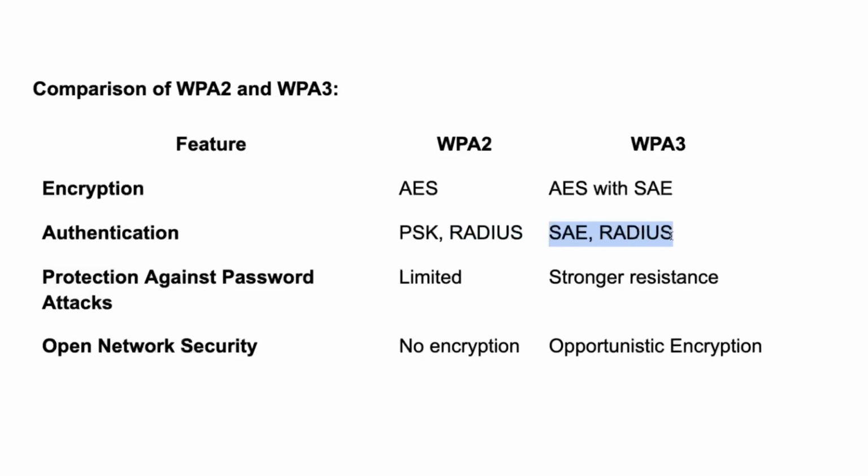On WPA3, we have the Simultaneous Authentication of Equals as well as RADIUS. Protection against password attacks is limited on WPA2, but there's stronger resistance on WPA3. For open network security, there's none available for WPA2, but on WPA3 there's opportunistic encryption for open networks, meaning networks that don't have Wi-Fi passwords.